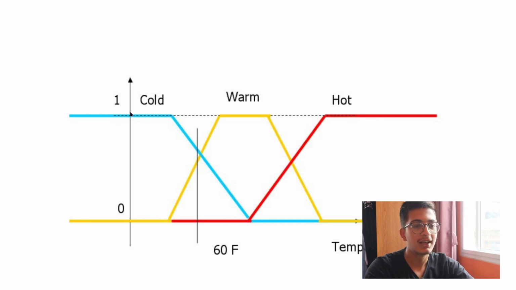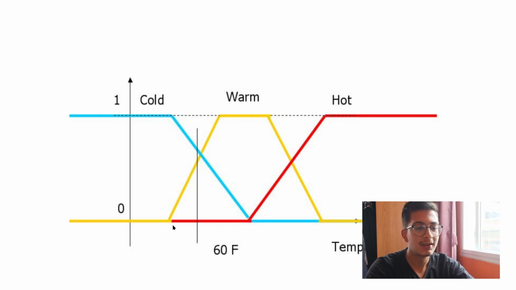Then if we had to represent it in a digital computer, we'd say that less than 50 it's cold, from 50 to 70 or 80 90 it's warm, and from 80 90 to a higher temperature it's hot, right? But in fuzzy set, what happens is we represent a certain area with a membership function.